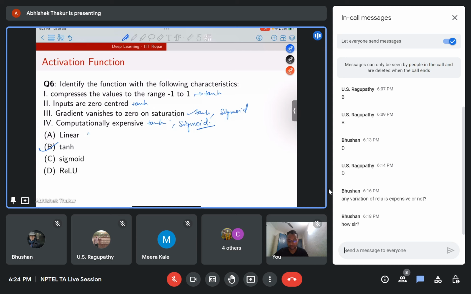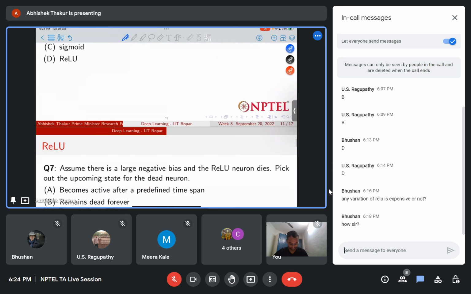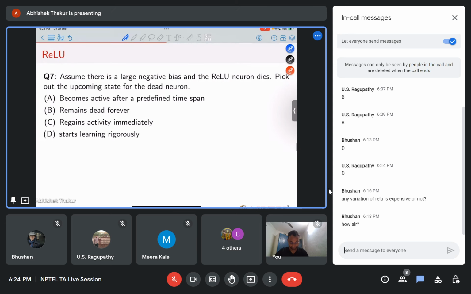Any doubt in this question? So now we'll move on to question 7. Assume that there is a large negative bias and the ReLU neuron dies. Pick out the upcoming state for the dead neuron.